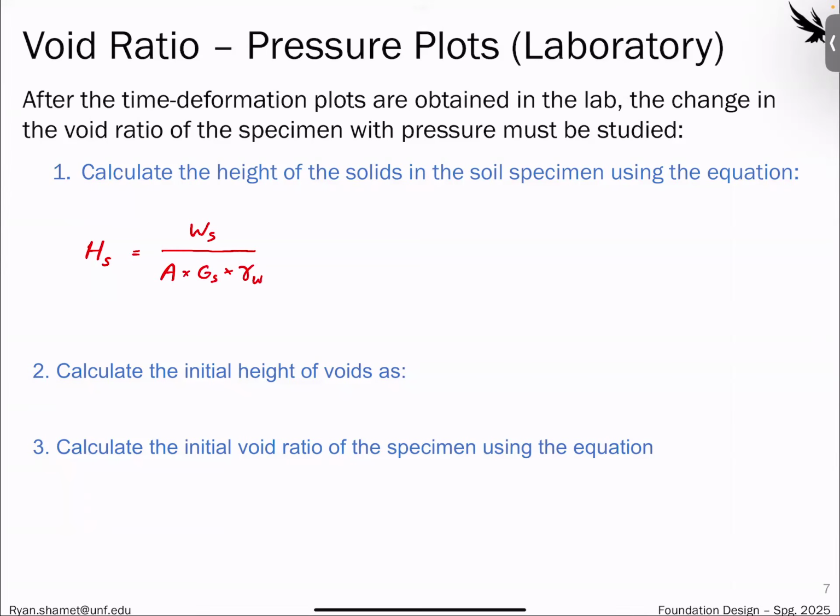So again, Hs is the height of the solids, Ws is the dry weight of the sample, and then A is the cross-sectional area of our hockey puck soil sample. In other words, it's this top area right there.